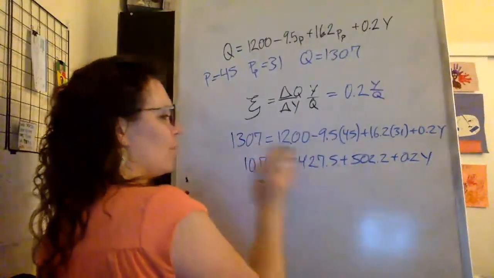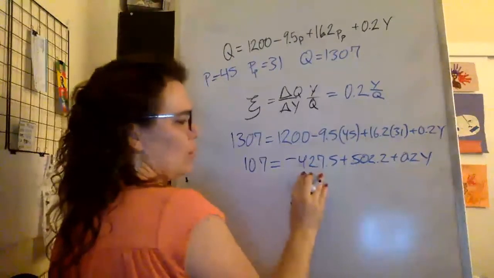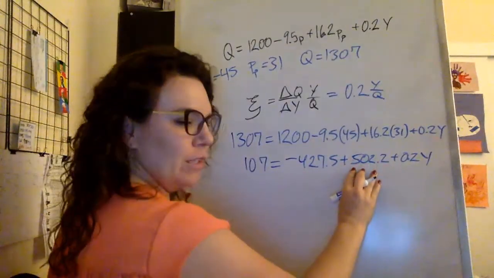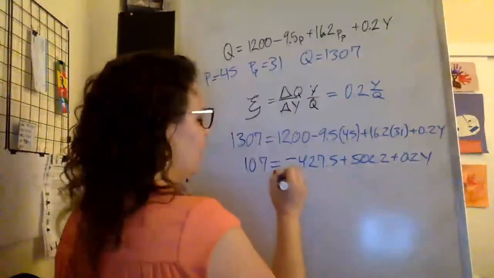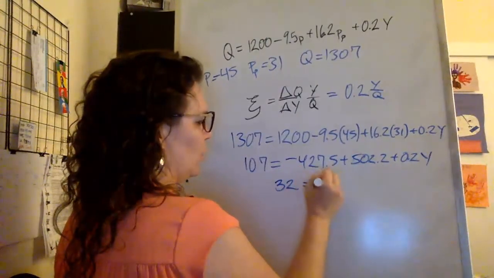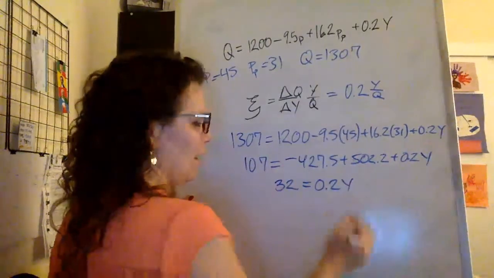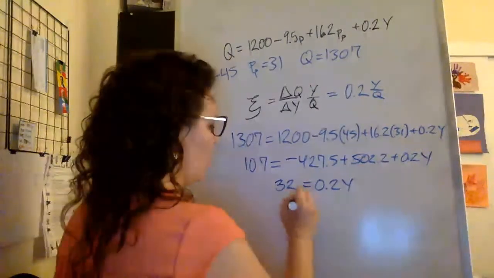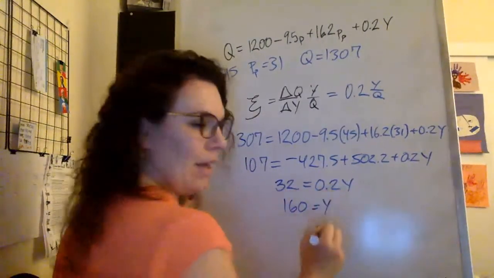So pull these over to the other side by adding 427.5 and subtracting 502.2, and I get 32 equals 0.2 y. So I can solve for y and say 160 is equal to y.